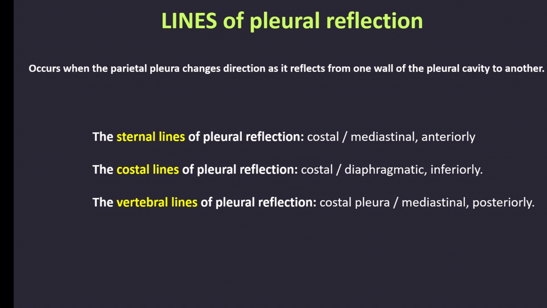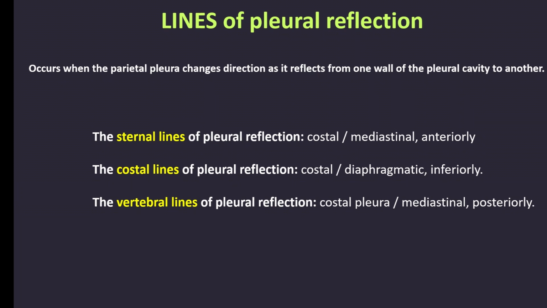So let's talk about lines of pleural reflection. So we said that we have parts of the pleura. We have parts of the parietal pleura that we name based on the part that it lines.